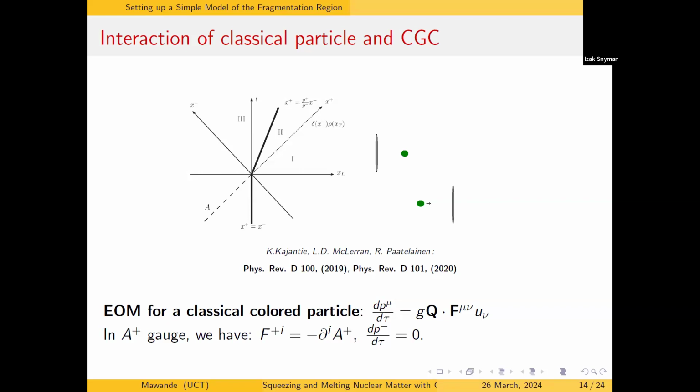Okay, and you can show that in some gauge you can choose, this guarantees that the minus component of the momentum is left unaffected by the interaction. So this is the key takeaway from this paper by Kevin and the top. Okay.